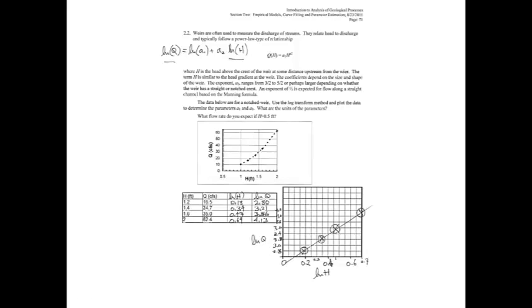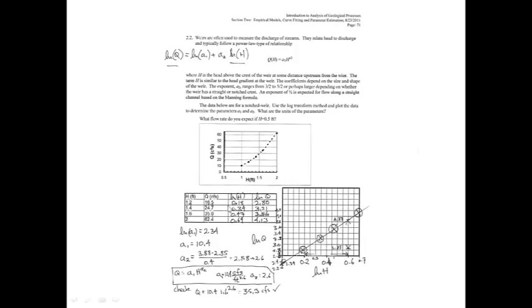Now the next step is to do the calculations. I've tried to lay these out in a clear way. The natural log of a1 is 2.34, and I got that by extrapolating out here to 0. I didn't actually locate the scale quite right. I probably should have slid all these up a little bit, but I didn't anticipate that when I plotted things up.